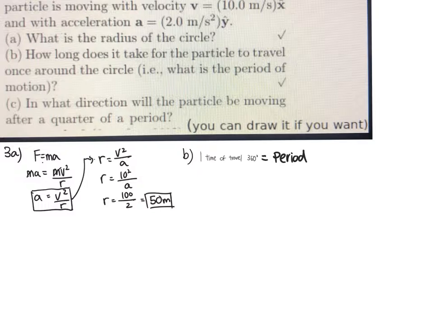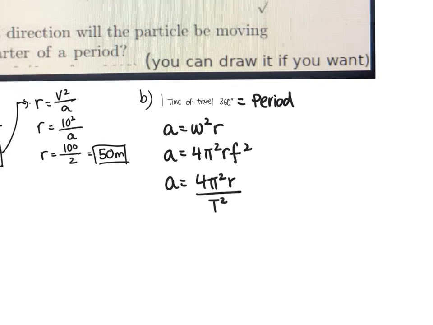We know the equation a equals omega squared r, right? a equals 4 pi squared r f squared. a equals 4 pi squared r over t squared, t being your period.